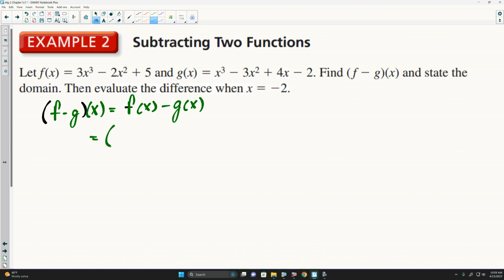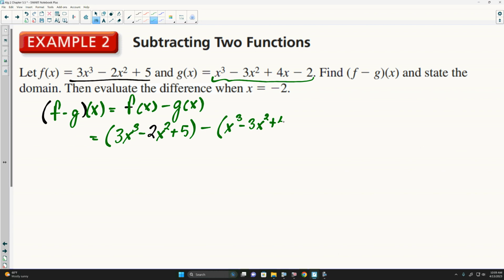For this problem, they told us f of x is 3x cubed minus 2x squared plus 5, minus g of x, which we're going to replace as x cubed minus 3x squared plus 4x minus 2.